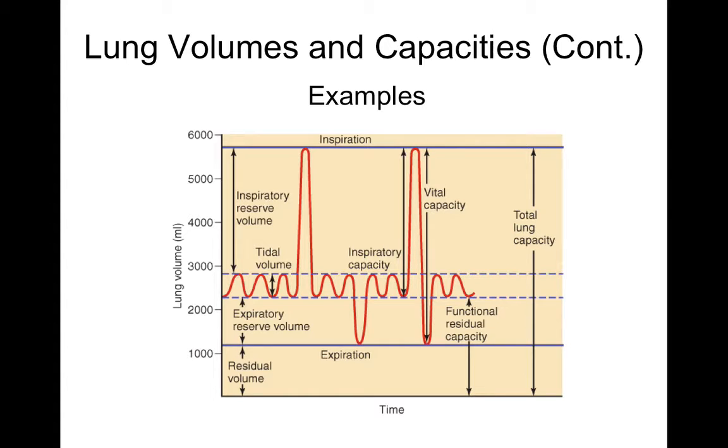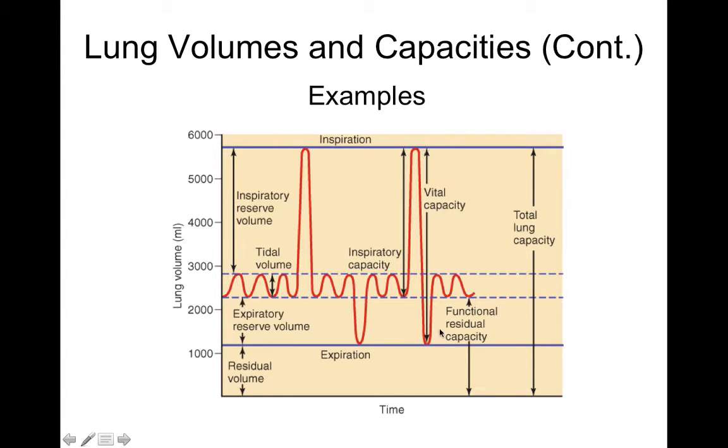So now what that means is the next time you inhale, when you take the next breath in, right, back towards tidal volume, then you're mixing that kind of stale carbon dioxide-rich, oxygen-poor air with the air you're inhaling. So overall, the air that's in your lungs then is going to have a lower oxygen content and a higher carbon dioxide content, right? So you want to try to avoid too much residual volume because it's going to affect your ability to ventilate, or at least participate in gas exchange.